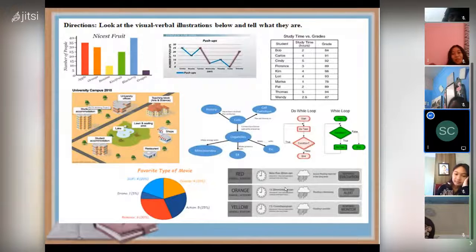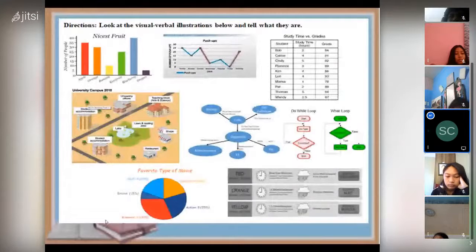It's called an infograph. That is called infograph. It is an infograph, my friends. Okay? Infograph.